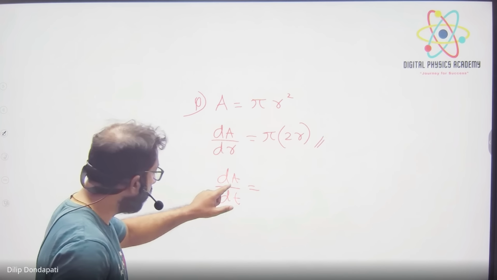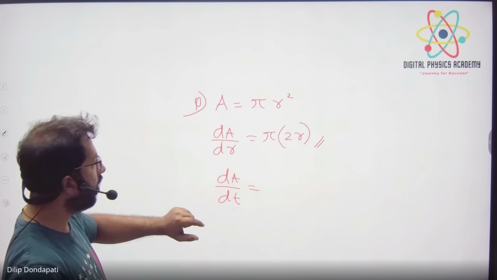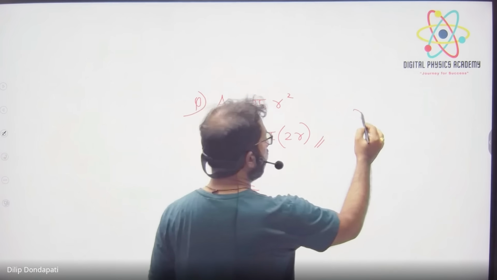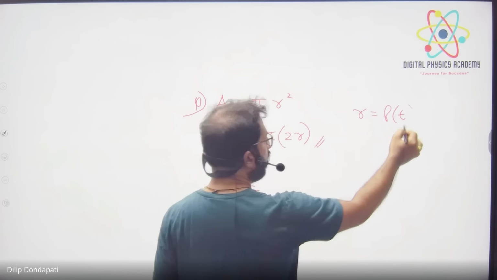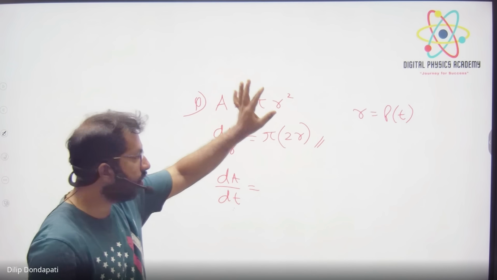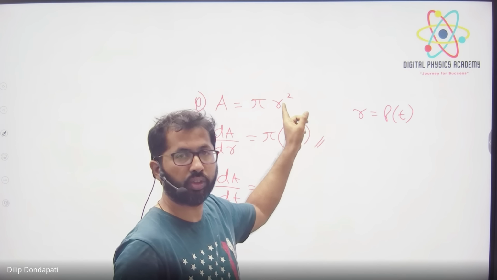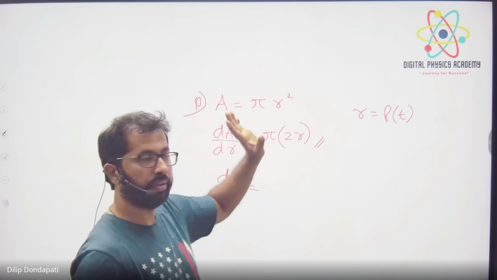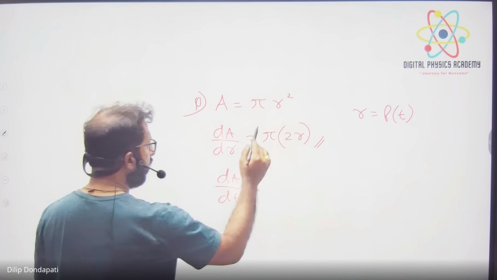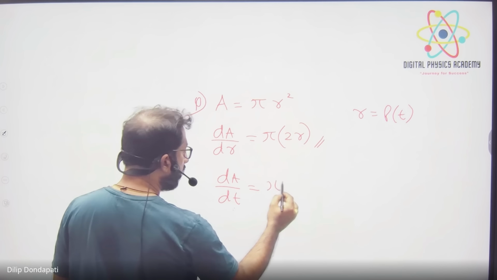Now see, with respect to time we are doing, and r is a function of time. So definitely r is depending on time. It is not a constant. If r is not depending on time, r will be constant and the whole thing will become zero. But here r is depending on time. Then what to do, very important. Pi coming outside.